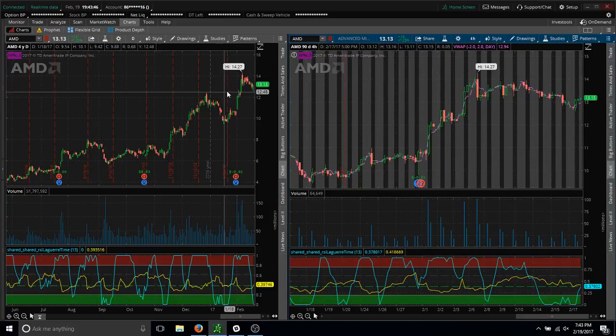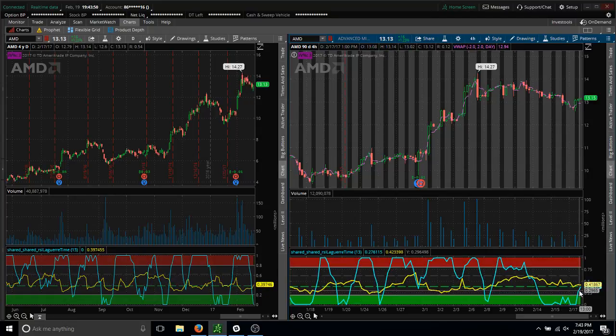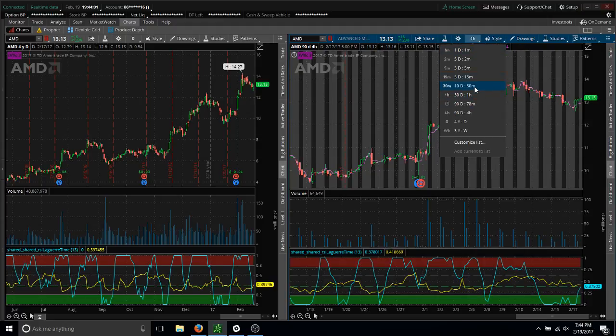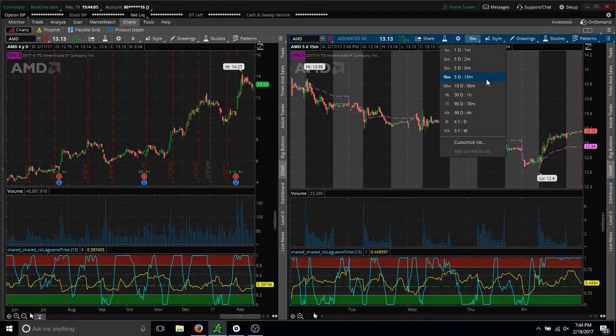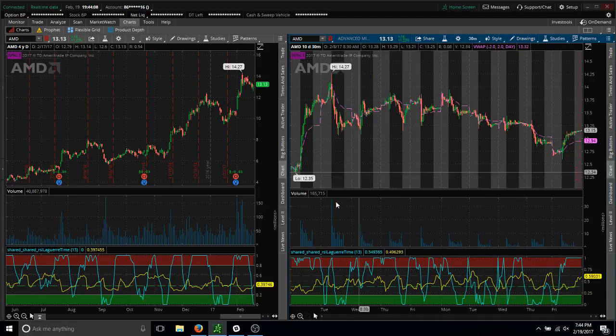So I have this at the bottom and this coming out of the bottom, which pretty much means there's a pretty good chance, this is my favorite setup, that it's going to continue to climb higher. Now if we zoom in here, we go to the 30-minute chart.